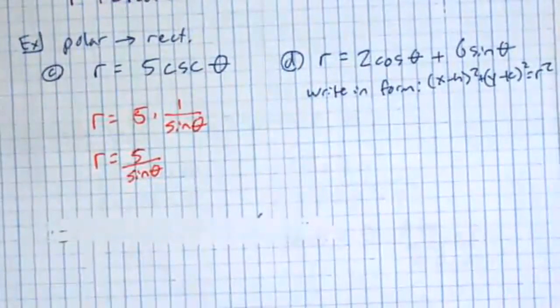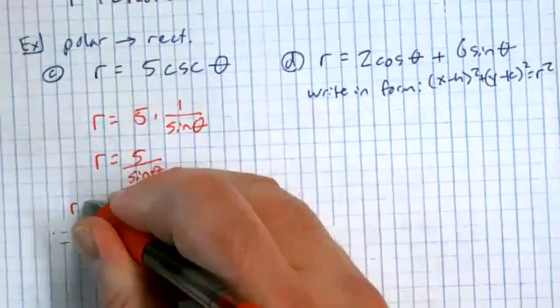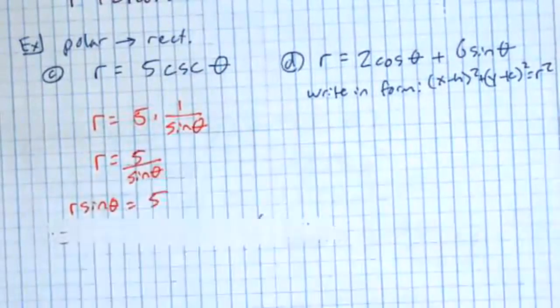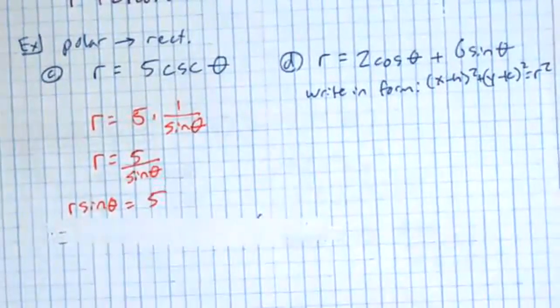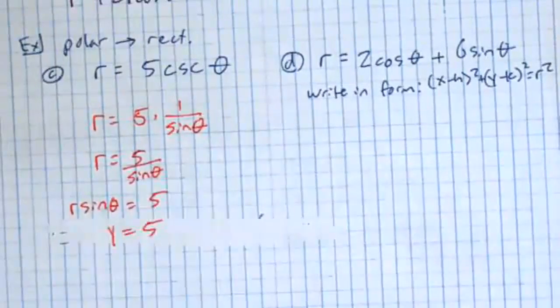Oh, why don't we multiply both sides by sine and then we'd have that, right? That would cancel here and we would have r sine theta equal to 5. So y equals 5 and we're done. Because r sine theta, that is y, isn't it? Cool. That one was easy.